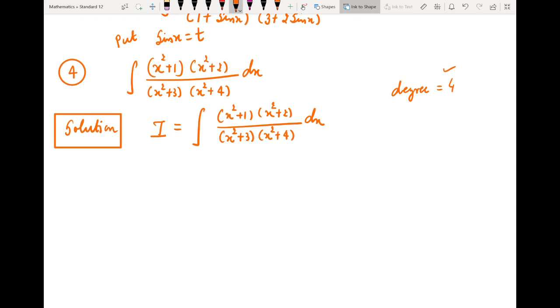In that case we have to rewrite the improper fraction, or improper function, as a sum of a polynomial plus a proper rational function.